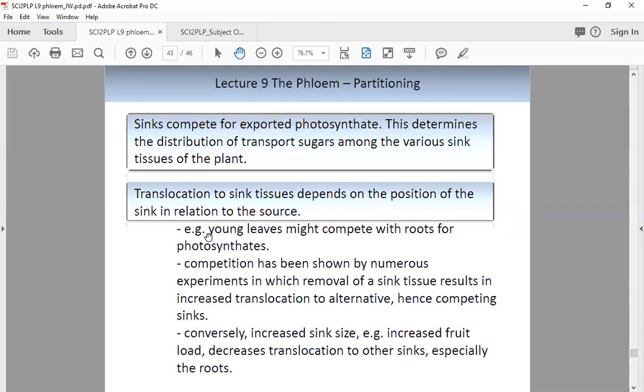Also, young leaves might compete as sinks with roots for photosynthates. Competition's been shown by numerous experiments in which removal of a sink tissue results in increased translocation to alternative and hence competing sinks. Conversely, increased sink size, for example, increased fruit load, decreases translocation to other sinks, especially the roots.